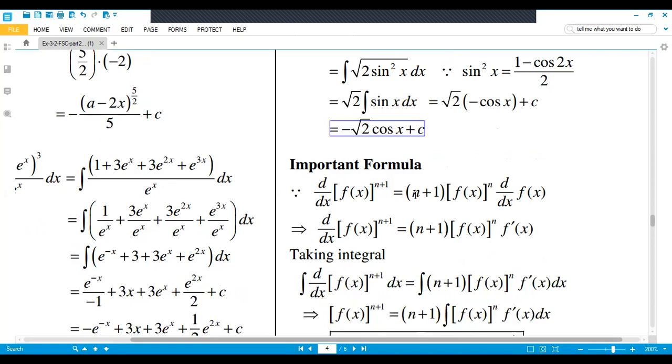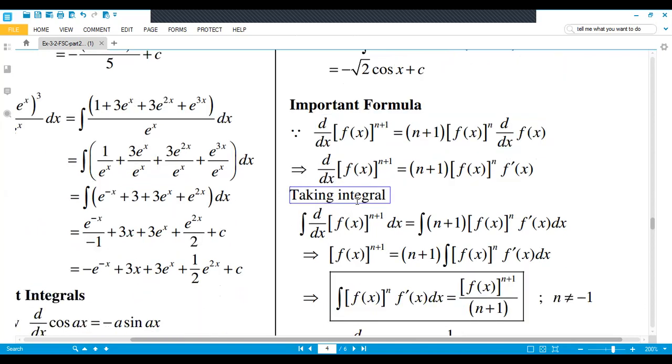Some important formulas. First is that if something is in the power like f of x power n plus 1, that power will come in the coefficient, and from the power we subtract 1, and then the further derivative without power. That is the rule for derivation.